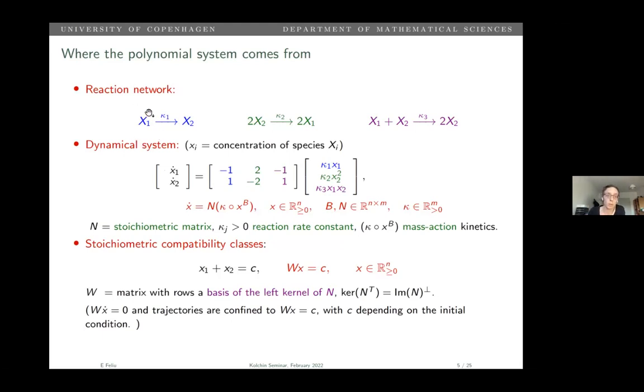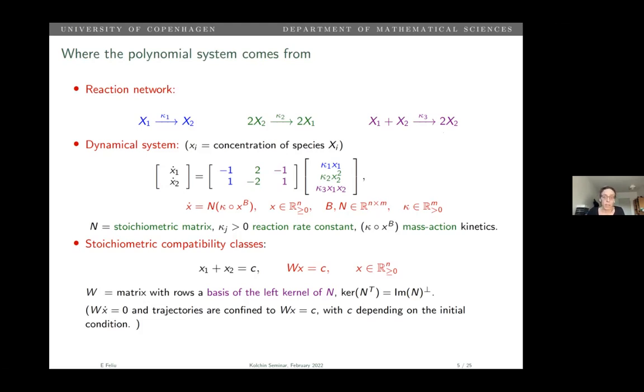So here, if I have one unit of X1, then it gets transformed into X2. Here, when X1 and X2 meet, we get two entities of X2. This type of representation occurs in chemistry, that's the standard one. Also in biochemistry, when these X's are proteins, for example, or RNA molecules.